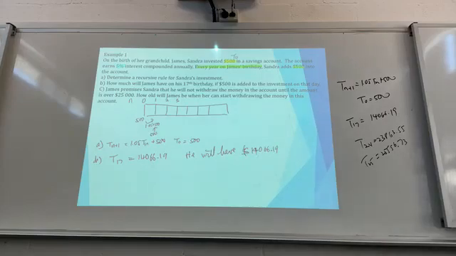And then part C, write down T24 equals to 23863.55. T25 equals to 25556.73. So James will be 25.